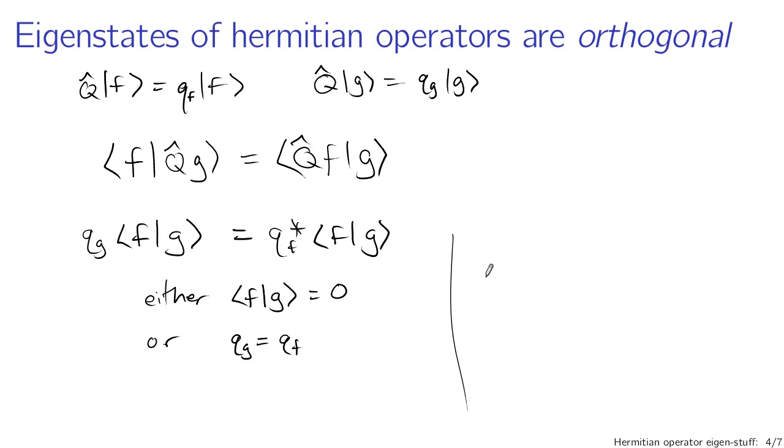In the case that qf equals qg, we describe the eigenvalue as degenerate. And we have to go through some extra procedures in order to ensure that we have a well-behaved set of eigenstates. In particular, what we want to do is something called Gram-Schmidt orthogonalization.